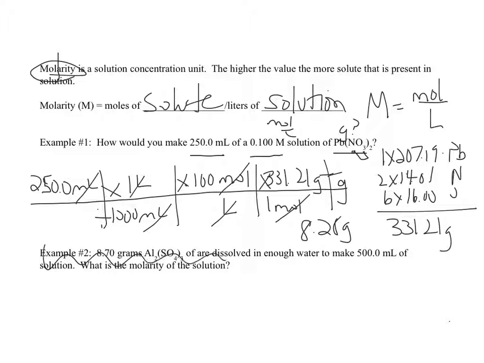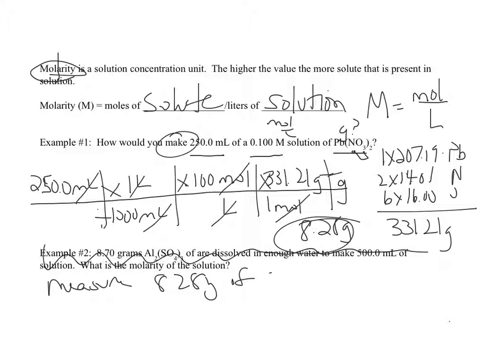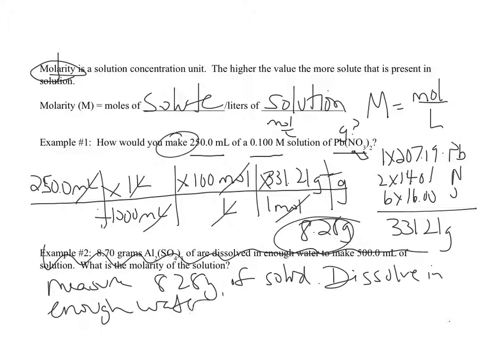Now, hopefully you're not writing as big as I am and you can squeeze this in. So in order to make the solution, I need to measure the mass. So I'm going to measure out my 8.28 grams of solid, and then dissolve the solid in water to make 250 milliliters of solution.